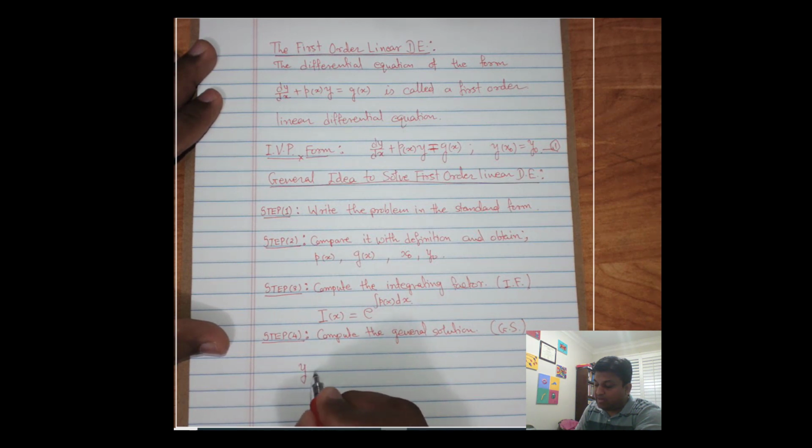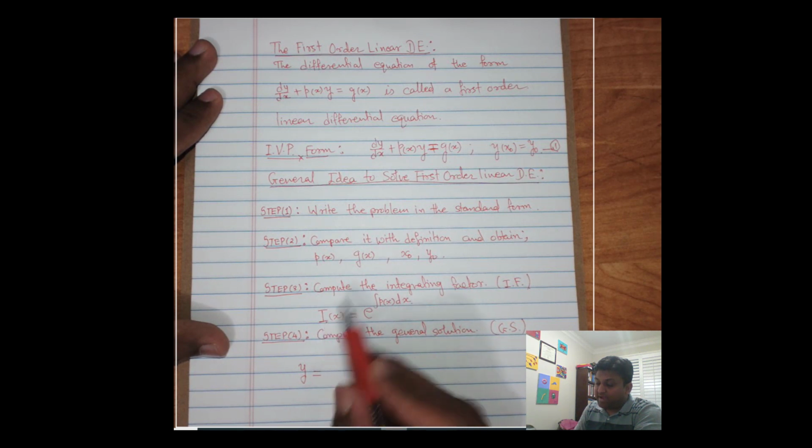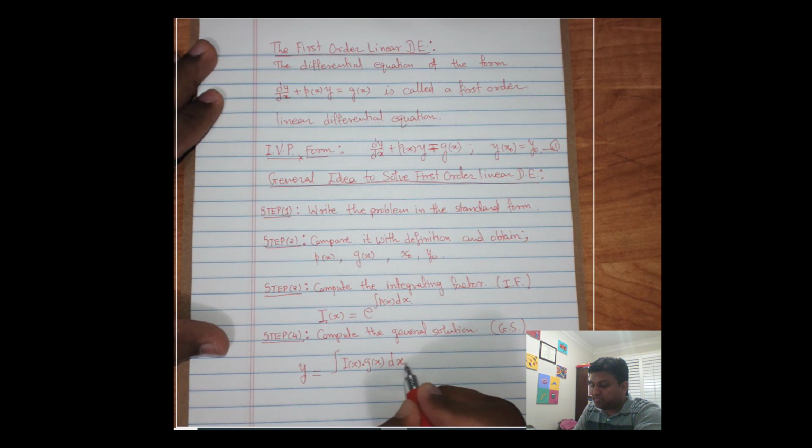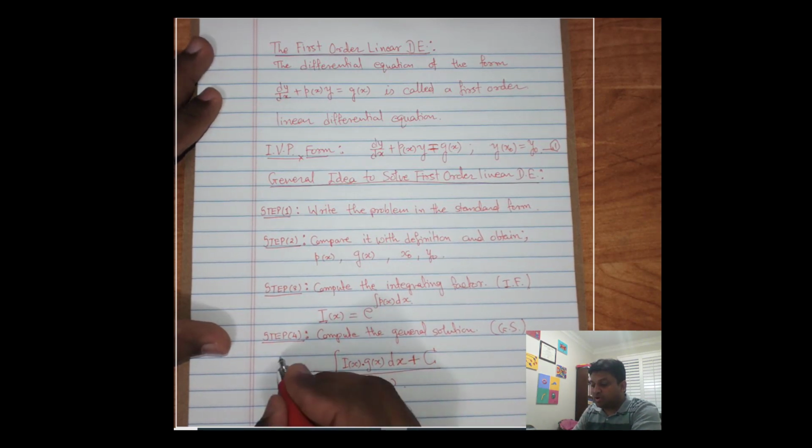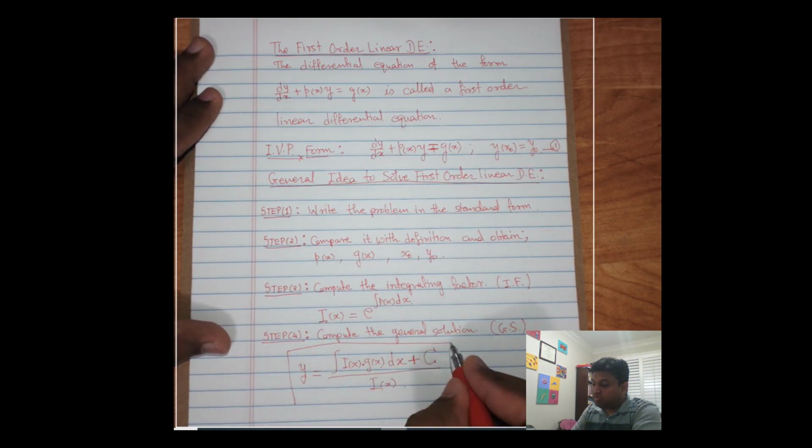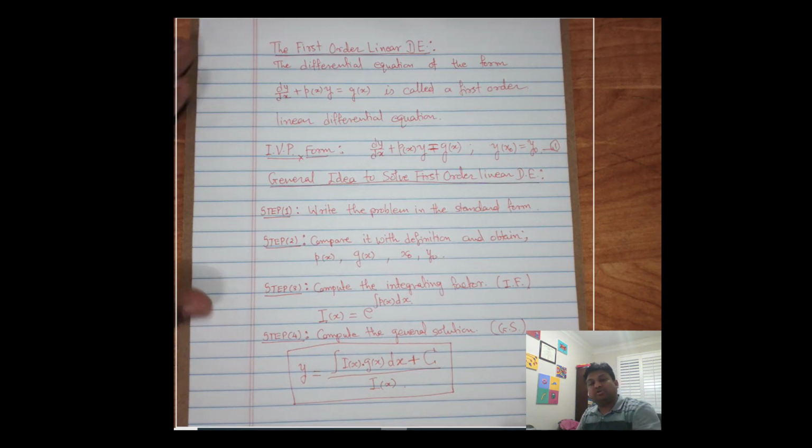It's going to be y equal to, what I want you to do is multiply the integrating factor with the right side function, find one antiderivative of this product with respect to x, add a constant of integration to it, and divide this whole thing by the integrating factor. This formula computes the general solution of the first order linear differential equation.